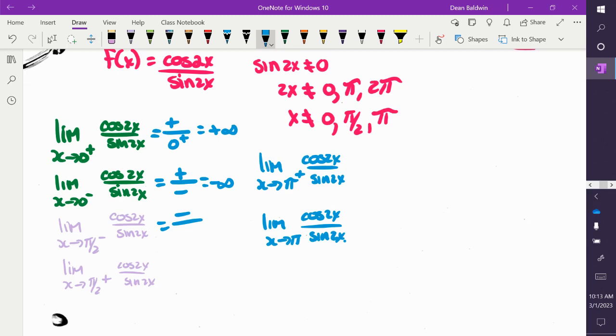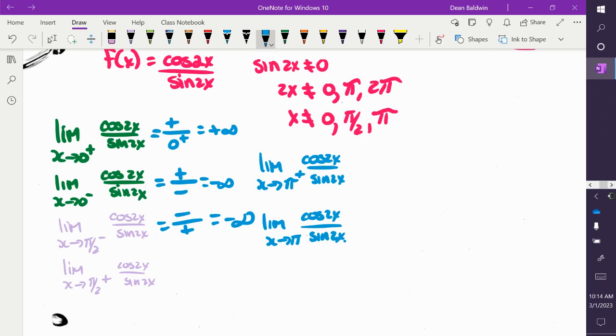But you're coming at sine of 180 from the negative side. You're coming down this line because we're smaller than 180. So it's positive. Yes? Yeah, positive. So that's negative infinity, correct? Okay.